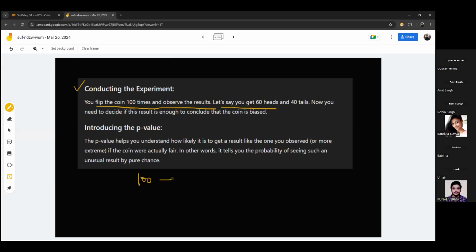Okay, you did 100 times and you get 60 heads and 40 tails out of all these 100 tosses. Now you need to decide if this result is enough to conclude that the coin is biased. Sorry, this is tails, not heads. This is tails.